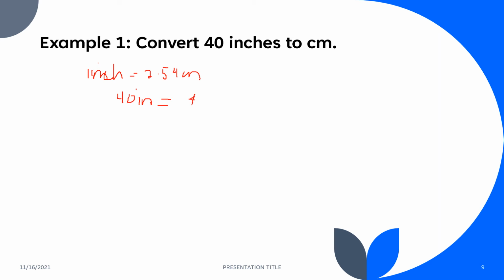So we have 40 inches times 2.54 centimeters over 1 inch. So we cancel the inches. Then we have 40 times 2.54. The answer is 101.6 centimeters.